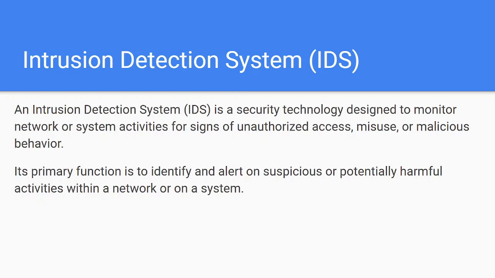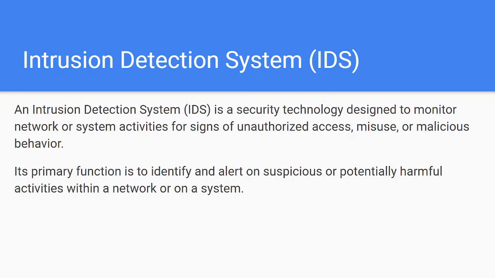So it monitors the network. It's a security tool that monitors the network and monitors system devices. So the primary function of IDS is to identify and alert on suspicious and potentially harmful activities within the network or on a system. If you ask a network personnel or a cybersecurity personnel, okay, why should we have IDS in our network?